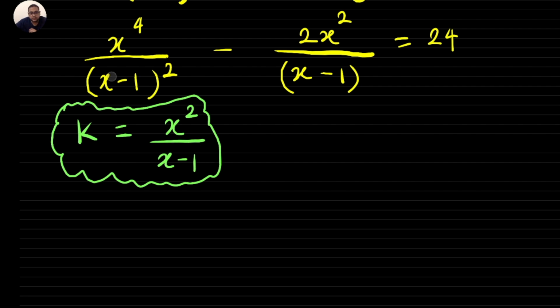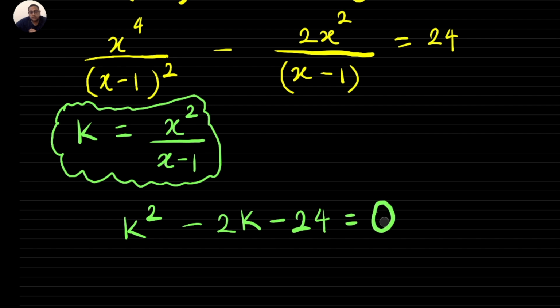Hence, the first term would now become k squared, and the second term would be minus 2k. And now I can bring the 24 from the RHS to the LHS, so it would become minus 24 equals 0. And now we have turned the entire equation into a quadratic.